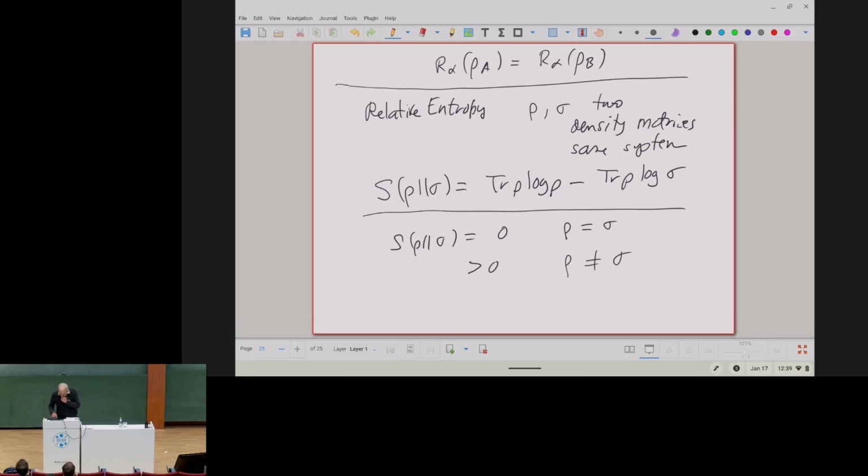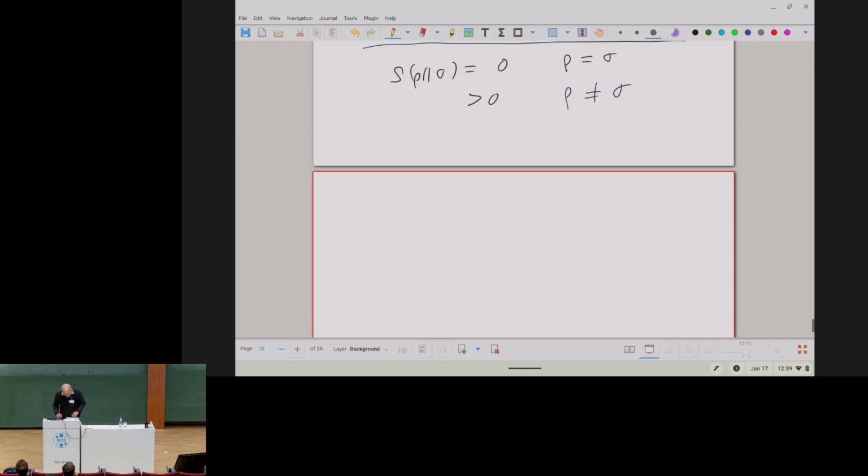So first of all, we can diagonalize sigma. Now, if it were the case that when we diagonalize sigma, rho were also diagonal, we'd be in a world of classical physics and life would be easier. But in general, after we diagonalize sigma, rho is not diagonal.